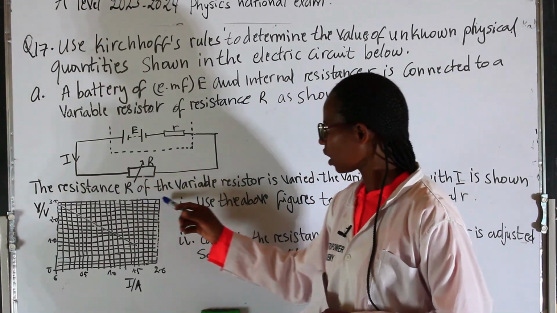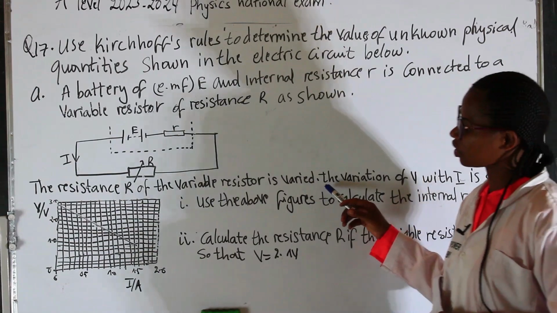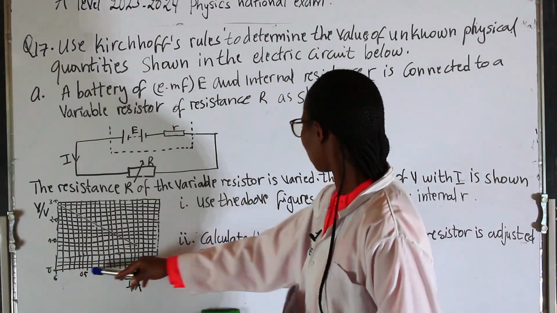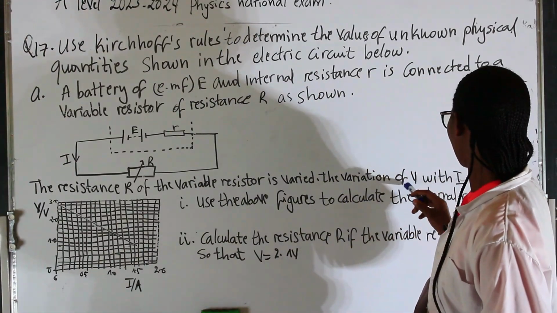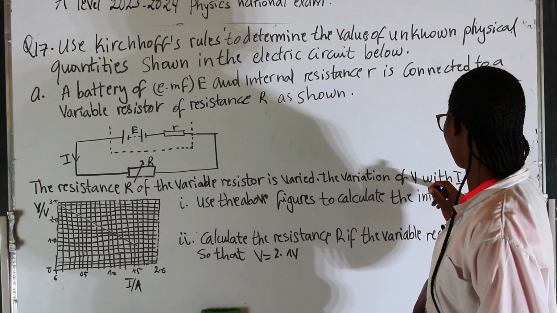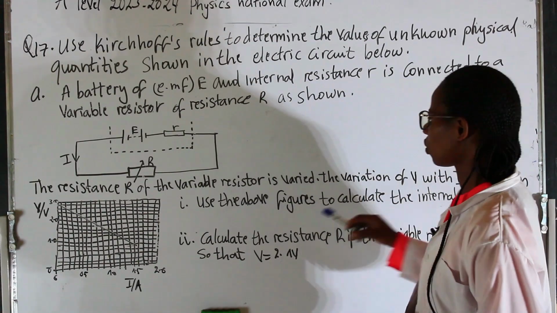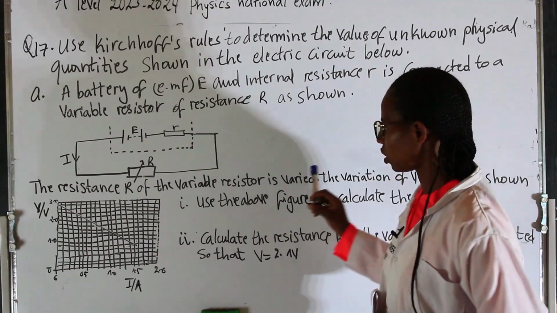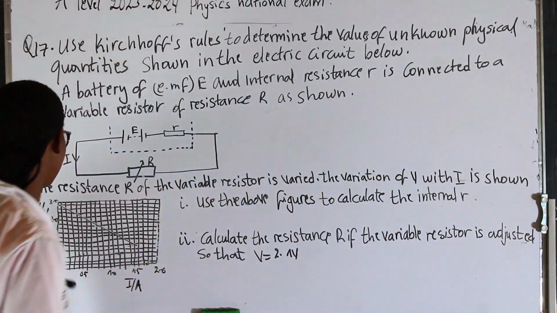The resistance R of the variable resistor is varied, as shown here. Then the variation of V with I is shown below. Here, this is the variation.